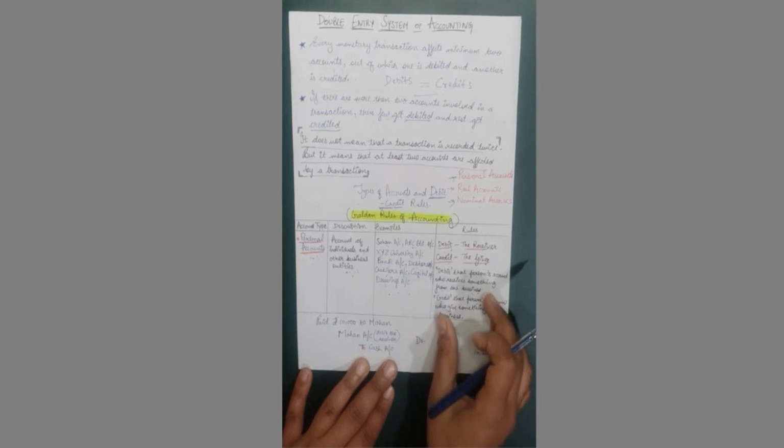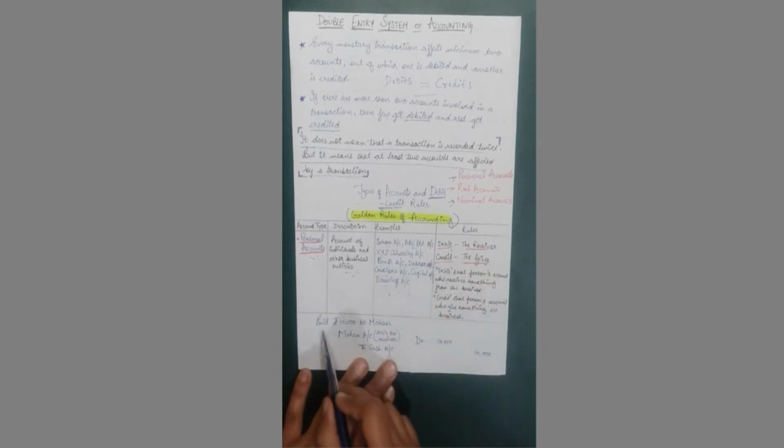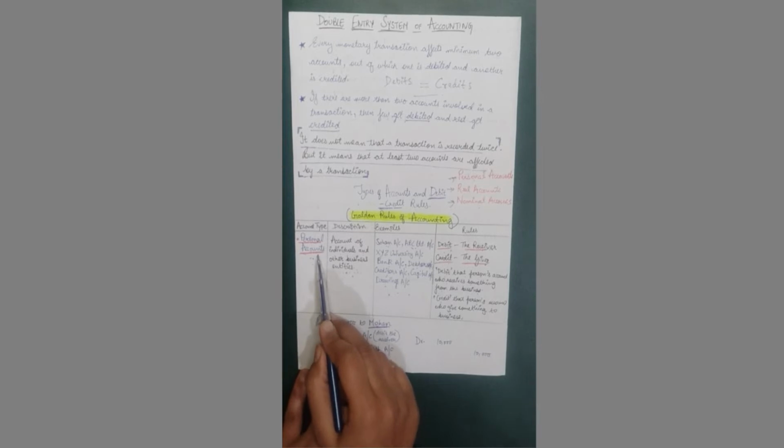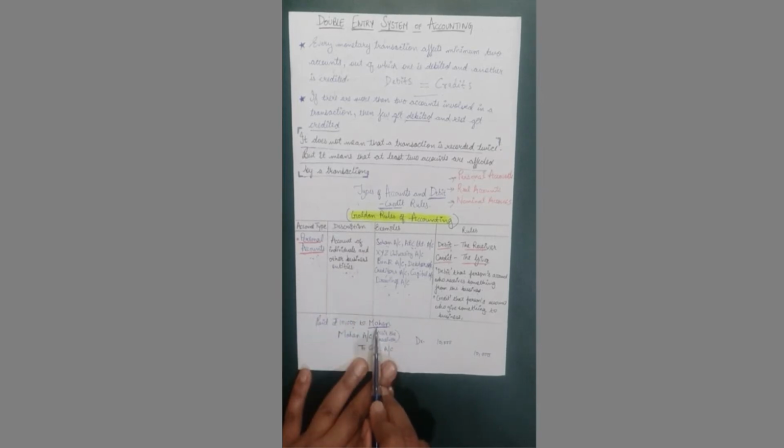Let's understand this with the help of an example. Suppose that you paid rupees 10,000 to Mohan, right? Suppose that the goods were purchased and Mohan is being paid rupees 10,000. Because Mohan is a personal account, Mohan is receiving something from the business. So this means that Mohan is the receiver.